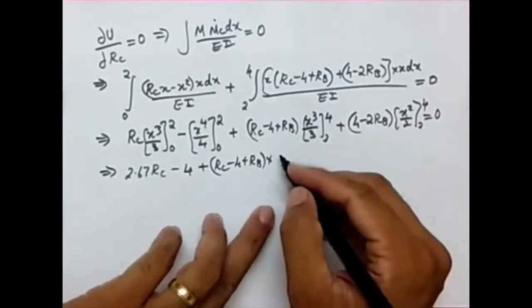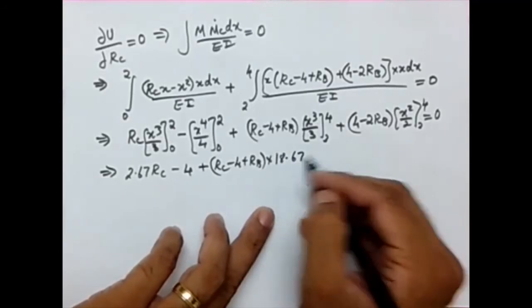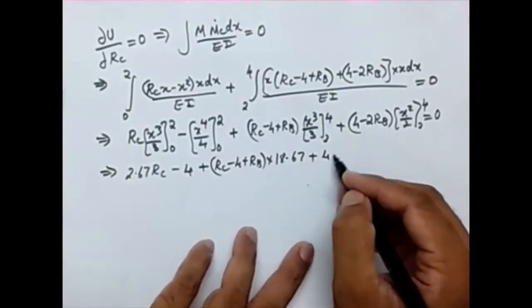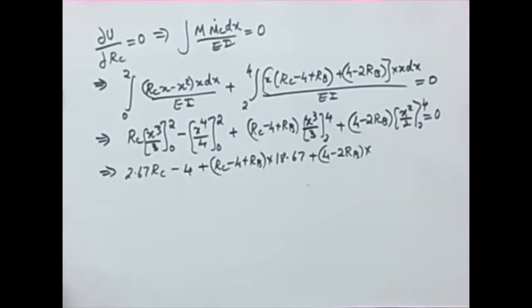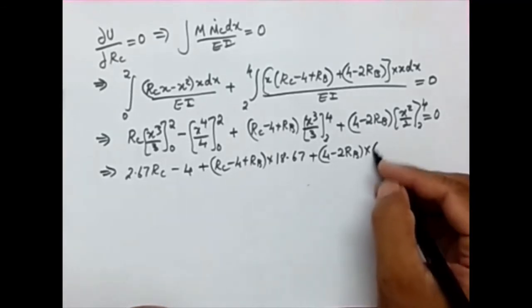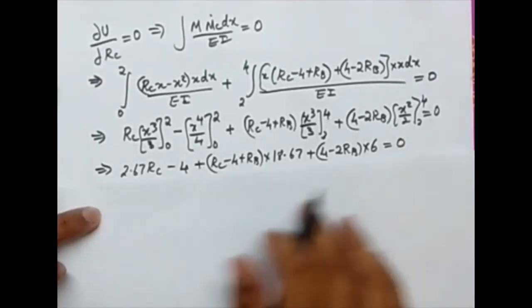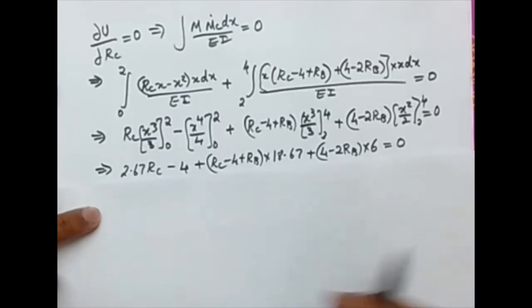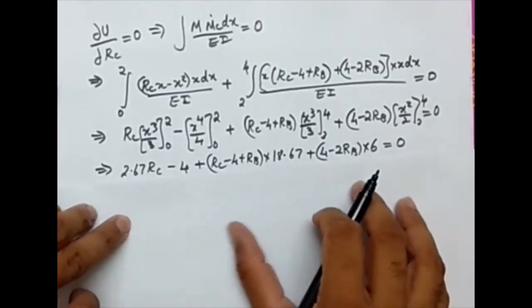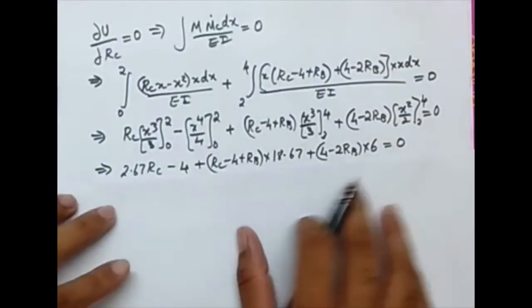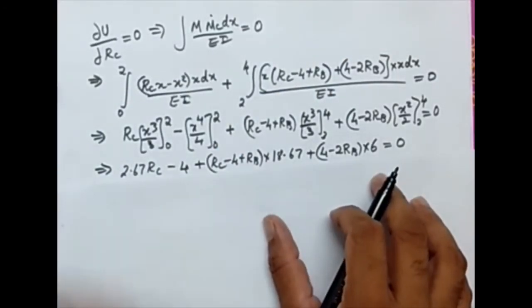What I'm going to get is 18.67 plus 4 minus 2 rb times, this is 4 square minus 2 square divided by 2, which is 6 equal to 0. Okay. The rest of the calculation I'm doing in a new sheet because that data will be required for the further calculation. So I have this expression. Now I'm going to club the different terms together.